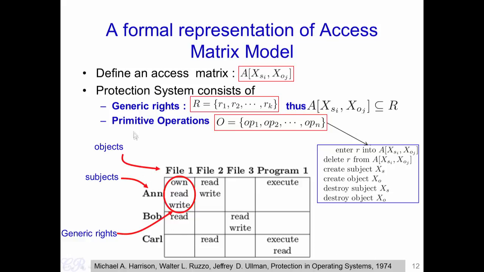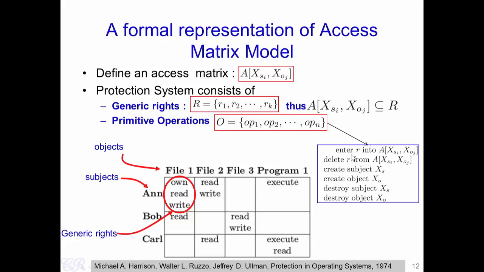In addition to this, there are the primitive operations. These are represented by O, and it is a set of 6 operations specified here. For instance, enter R into some location in the matrix, or delete R from that location.